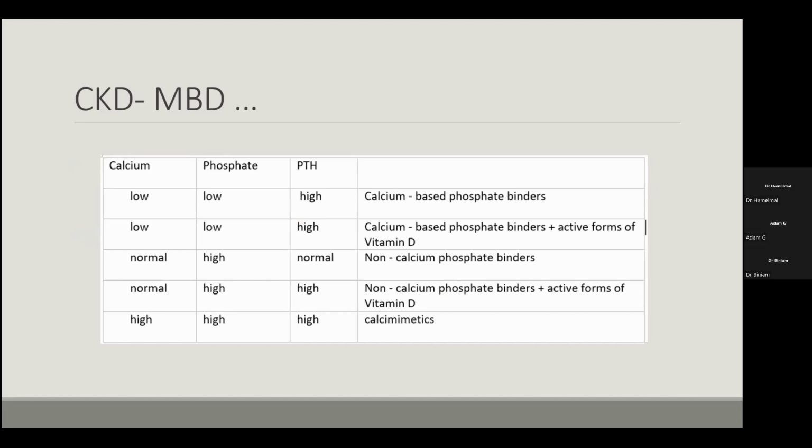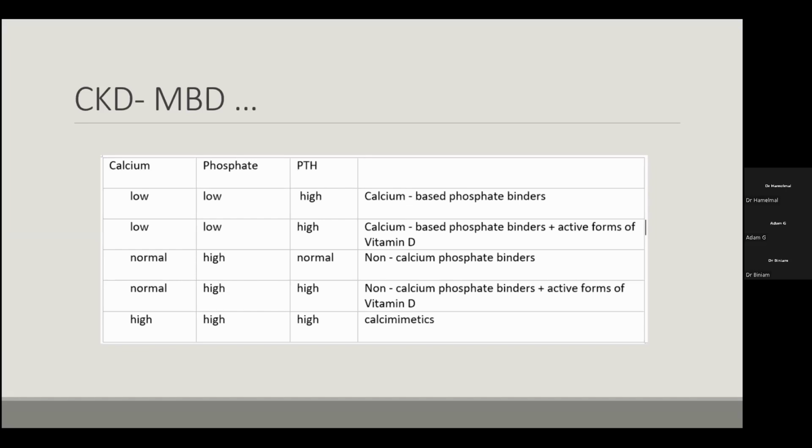For example, if calcium is low, phosphate is high, and PTH is high, you should use calcium-based phosphate binders. Sorry, if calcium is high, phosphate is high, and PTH is high, non-calcium phosphate binders. And if there is high phosphate, normal PTH, and normal calcium, you should use non-calcium phosphate binders alone.